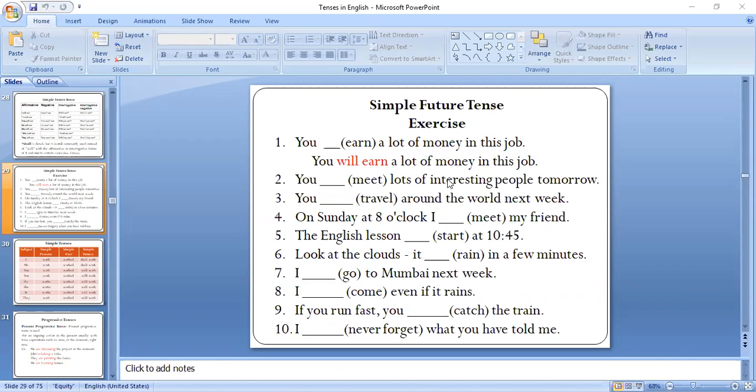Then seventh is: I dash in bracket go to Mumbai next week. So this is the plan in my mind. Okay, so we will use here, I will go to Mumbai next week. I will go.